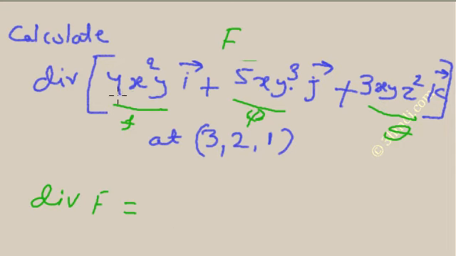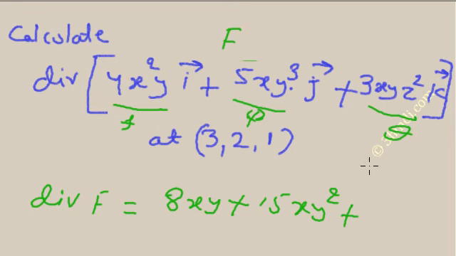If you differentiate this with respect to x, you will get 8xy, plus differentiate phi with respect to y, so you will get 15xy square, and plus differentiate theta with respect to z, you will get 6xyz. So this is the function of divergence of f.